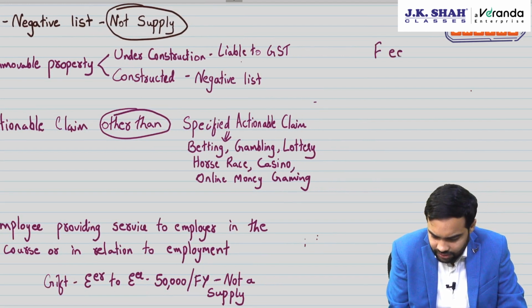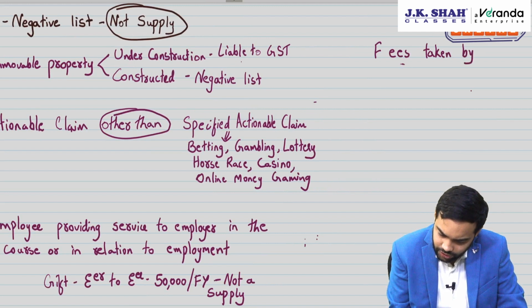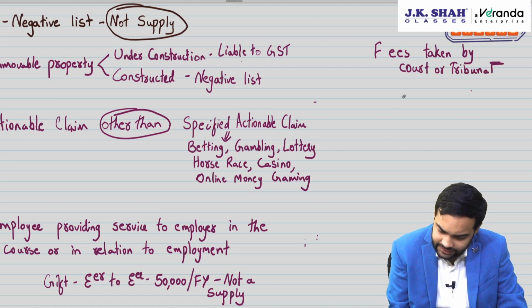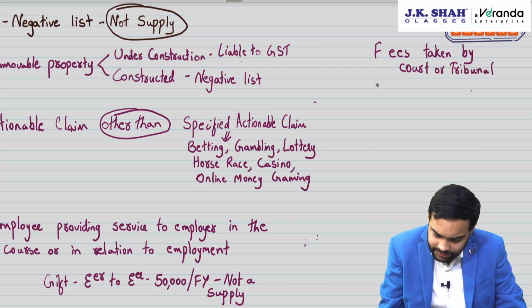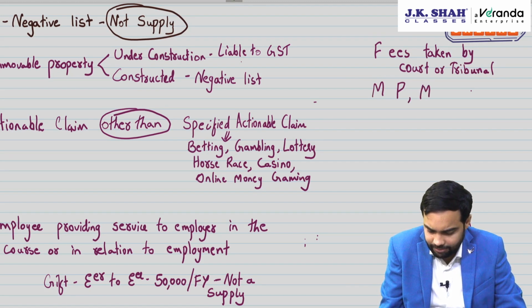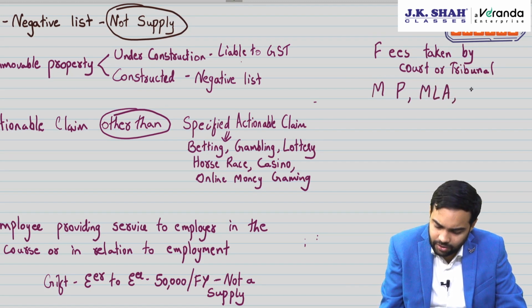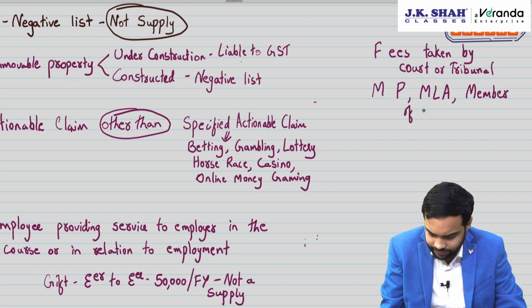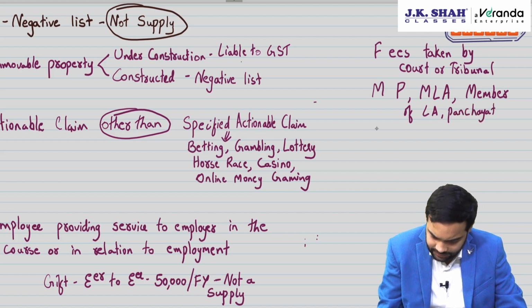Now, then the negative list also covers fees taken by court or tribunal. So any court or tribunal taking any fees is not liable to GST. Constitutional persons or members of body like MPs, MLAs or member of local authorities or panchayats are also covered by negative list.